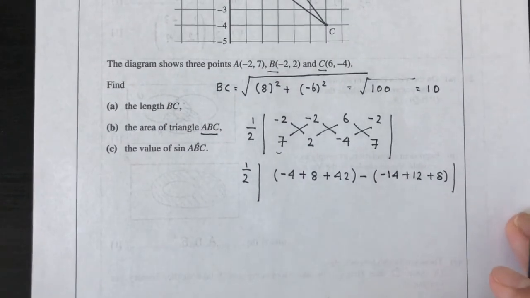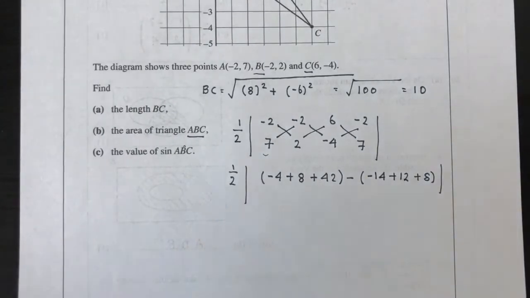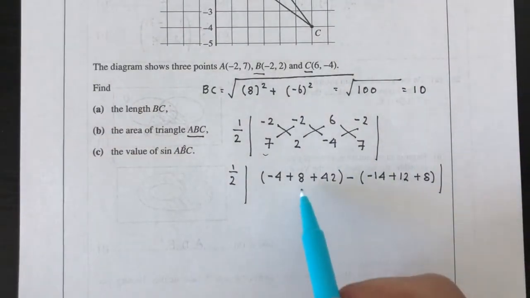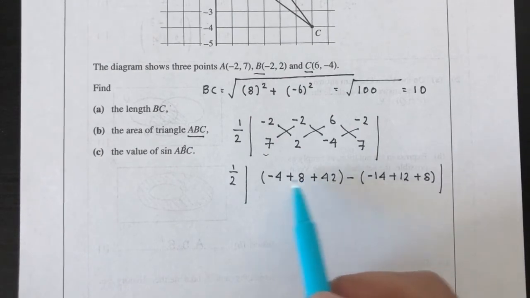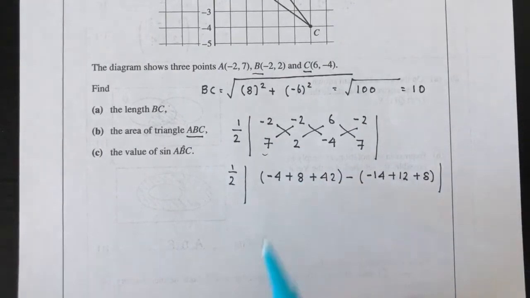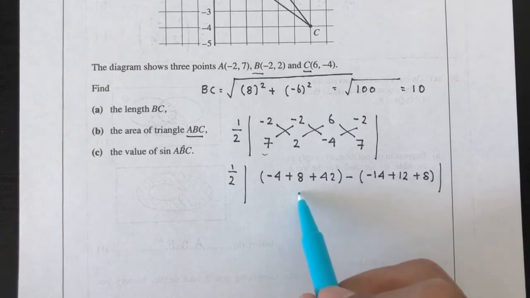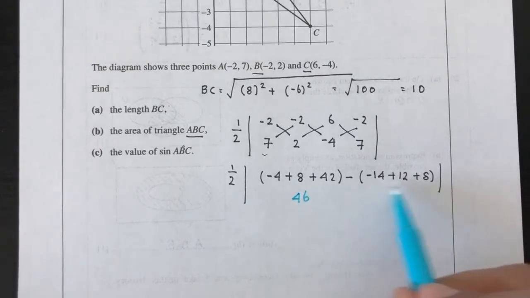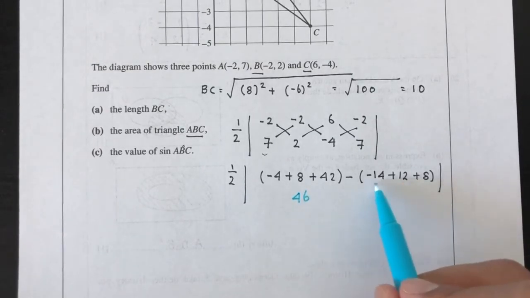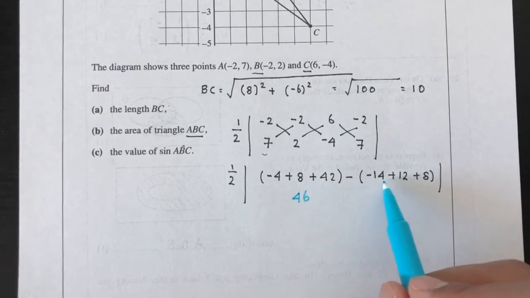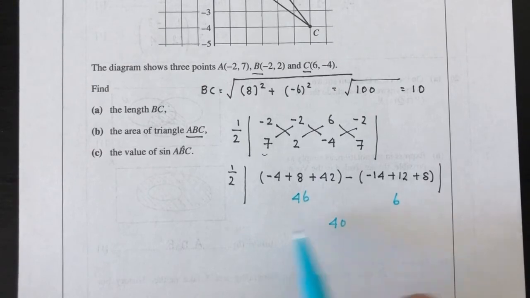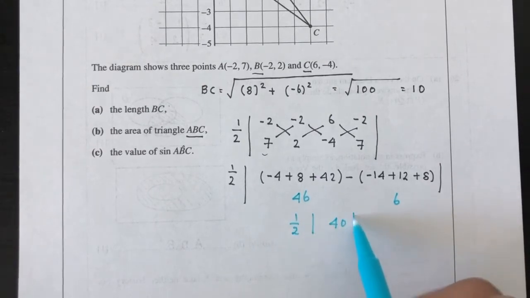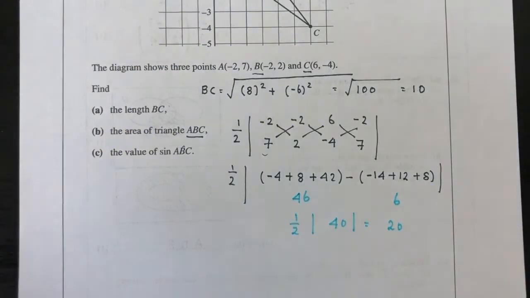So let's see what you have here. 8 plus 42 will be 50. 50 minus 4 is 46. Now this one, 12 plus this will be minus 2, minus 2 plus this will be 6. So your answer is 40. Half modulus of 40 will be 20. So your area of triangle ABC will be 20.